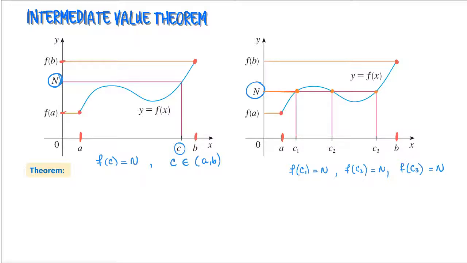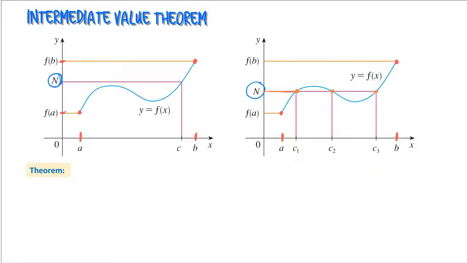Again, the theorem doesn't guarantee that we have 2 or 3 or 4 intersections, but it guarantees that there exists at least one. But you must have continuity for this existence to be guaranteed. If the graph is not continuous, the intermediate value theorem can guarantee nothing, absolutely nothing.